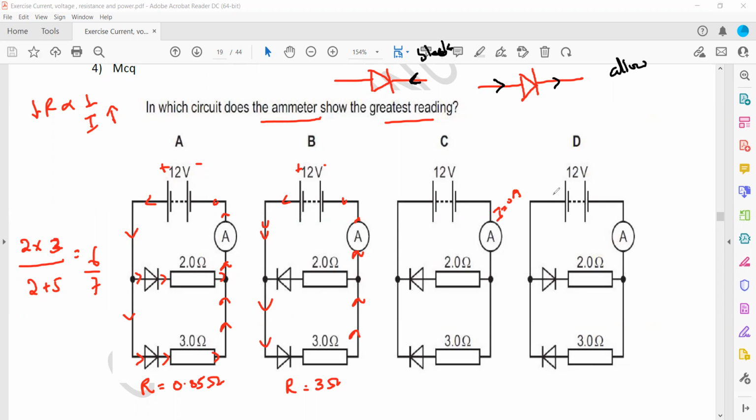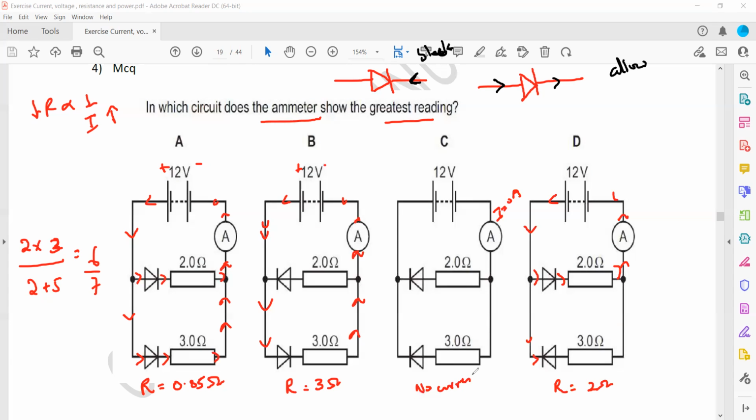When we check D, only this one will allow the current to pass. The bottom diode does not allow it because the current is coming from the side of the line, so it won't allow. And what about this one? It has a 2 ohm resistance.